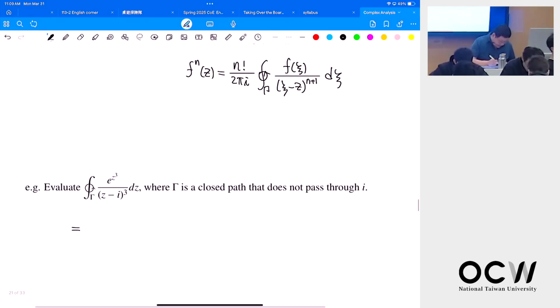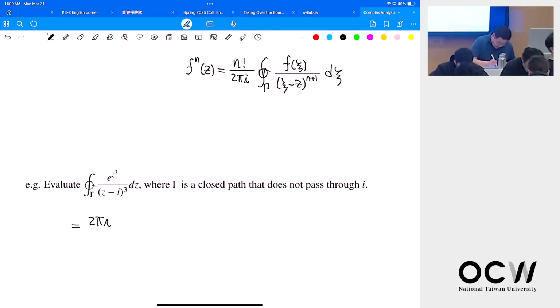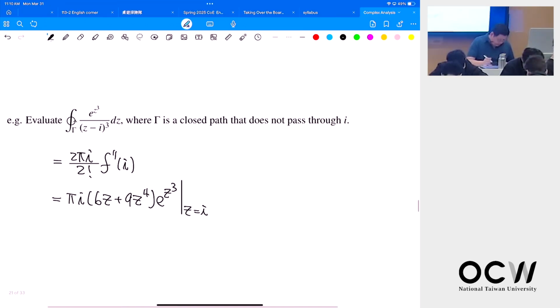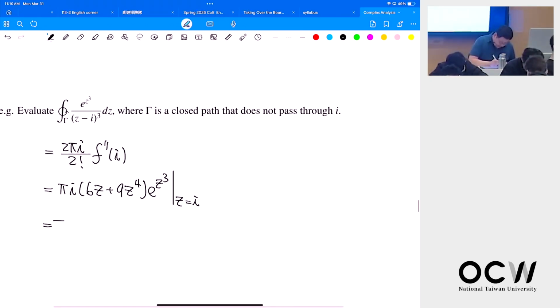So 2 pi i divided by 2 factorial times f double prime of i.